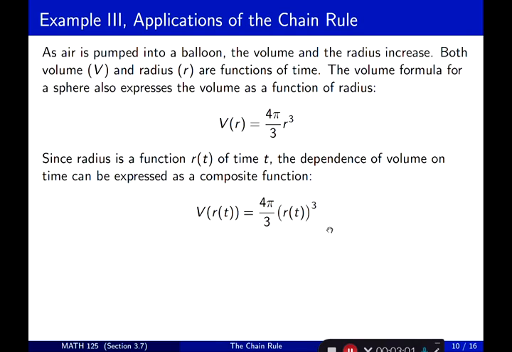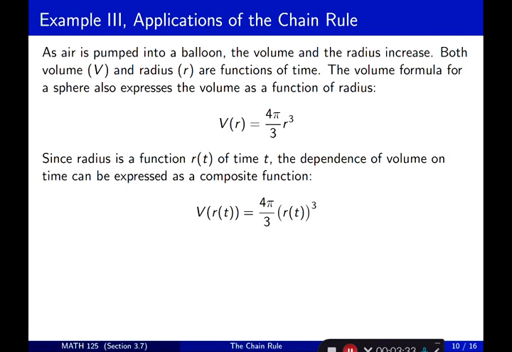Implicitly. So now the next question: we're always interested in a balloon, and we sometimes know the rate of air going into the balloon. I would be interested in knowing how the radius is growing, and I may know how the radius is growing, so I can figure out what rate of air is being blown into the balloon.